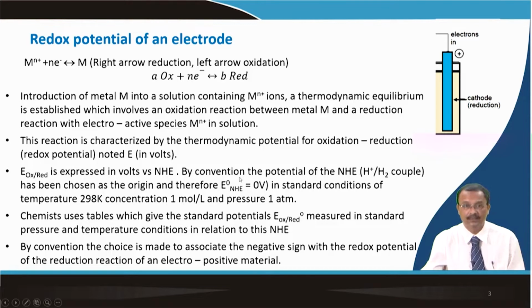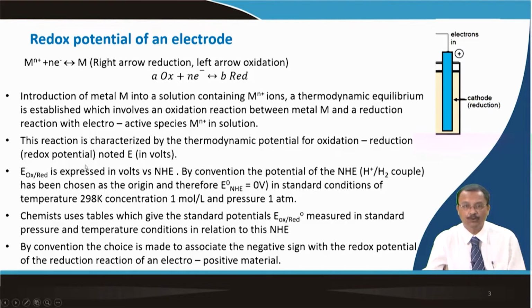So, E is the terminology and it is measured in volt, and this voltage for oxidation reduction is expressed as compared to the normal hydrogen electrode, and by convention, as I have already explained, this H plus and H 2 couple we take as the origin.